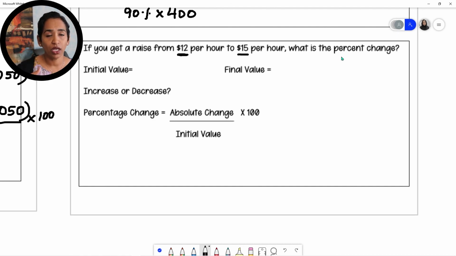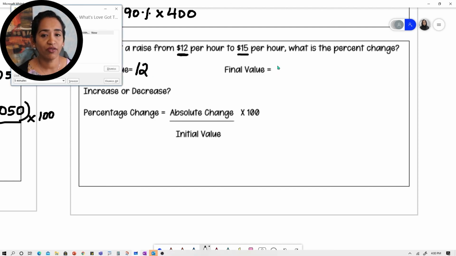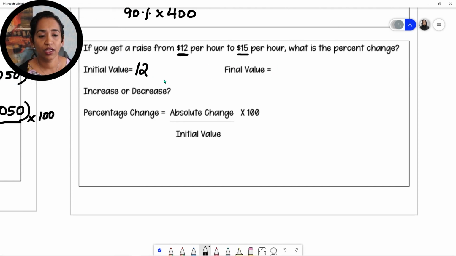So from $12, you are getting $15. Your initial value is 12 and your final value is 15. Is that an increase or decrease? From 12 to 15, definitely it's an increase in your pay rate.